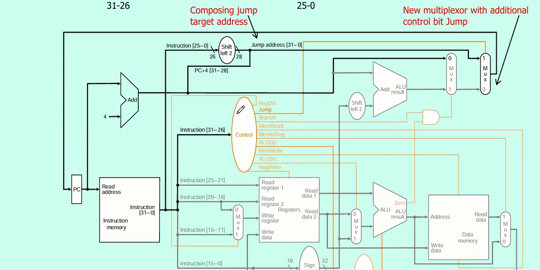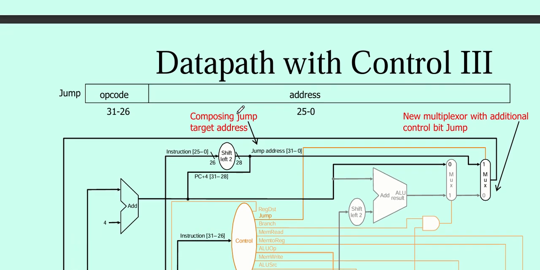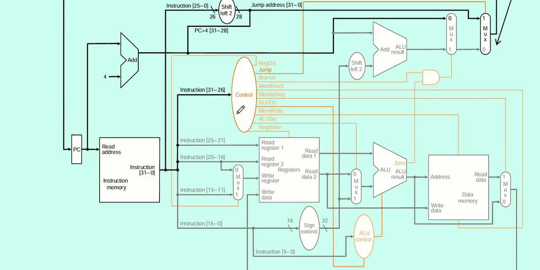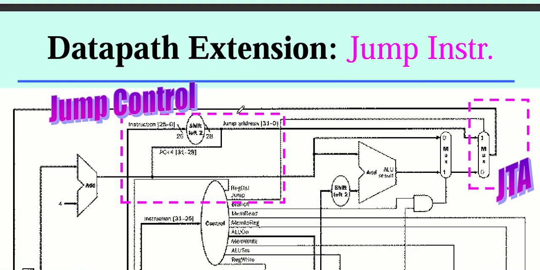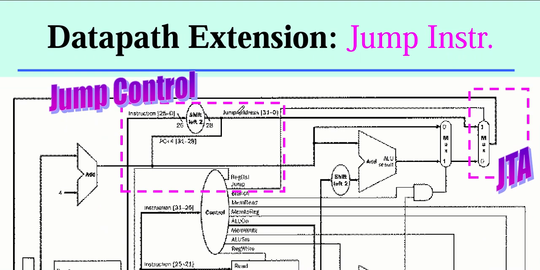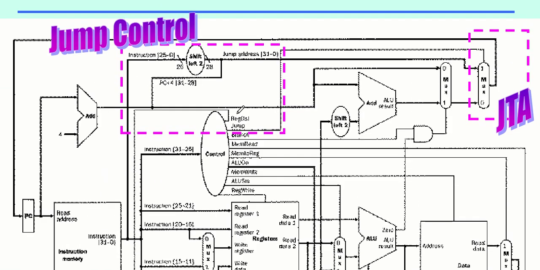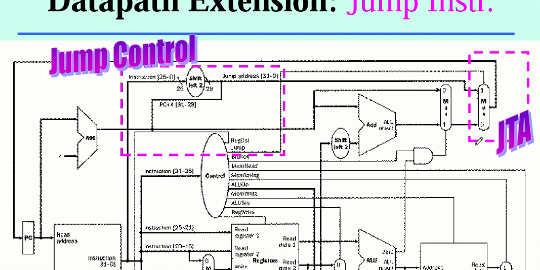That's it for that. I think this one is also quite understandable for the jumps. Now they've extended the data path to do jump. The first part tries to see if you are doing branch, and this one tries to see if you are doing jump. This is some kind of if-else.